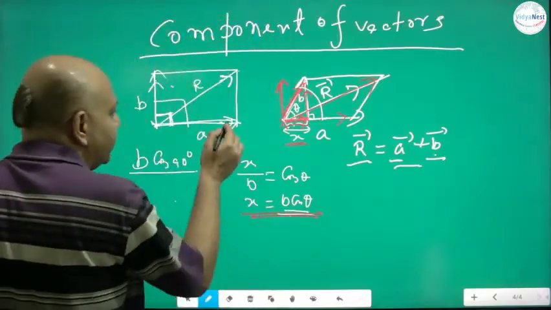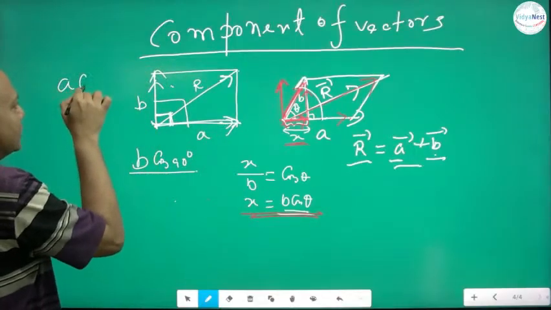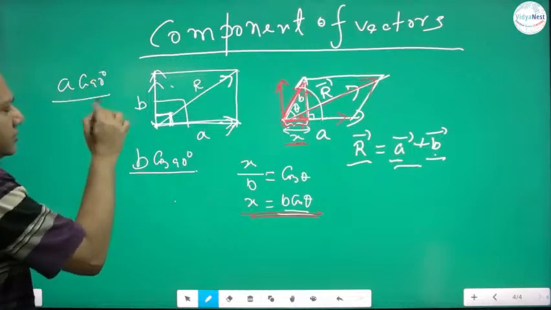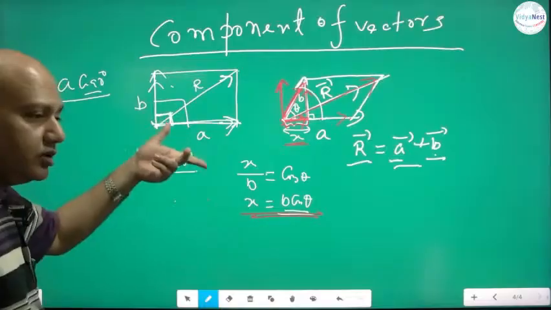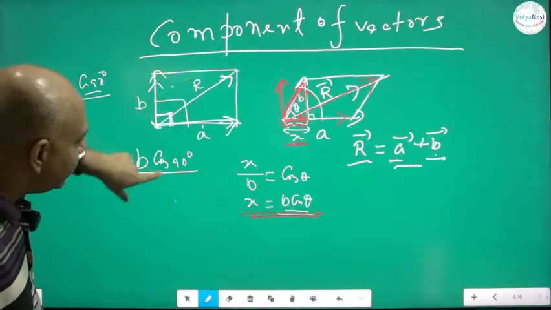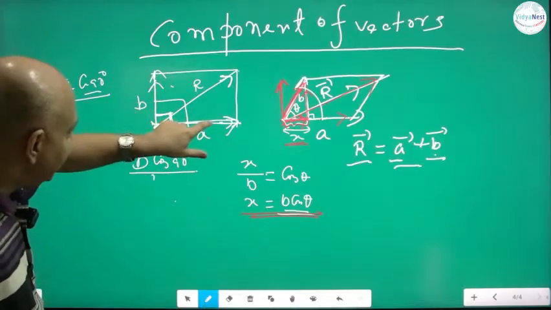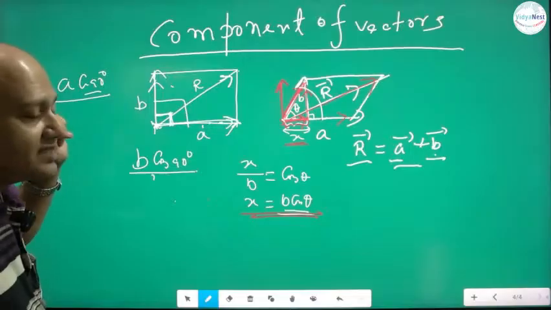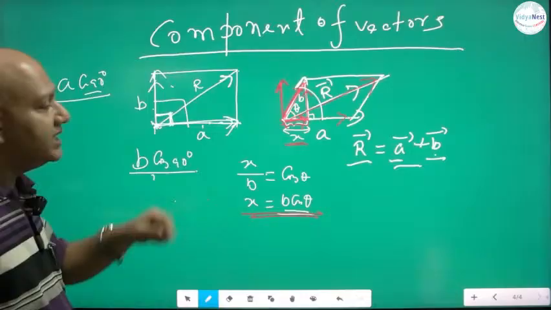Similarly, if I want to take the component of A along B, what should it be? A cos 90. So A cos 90 means what? 0. Therefore, I can tell B has a component 0 along A, meaning B has no component along A, and A has no component along B. Understanding, Saurabh? Therefore, they are independent. They are not affecting each other.